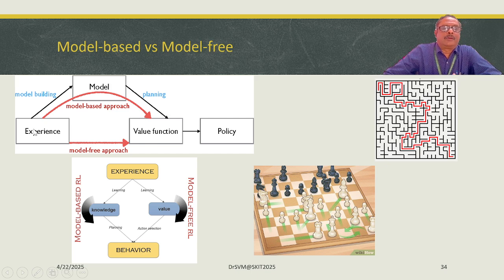So when you are working on the model-based approach, the experience is fed to the model, and the model will get us the plan, and through that we can get a value function, and this value function can create a policy. So this is the model-based approach. And in the case of the model-free approach, the experience directly produces the value function, and these value functions can be accumulated, and a policy can be created.